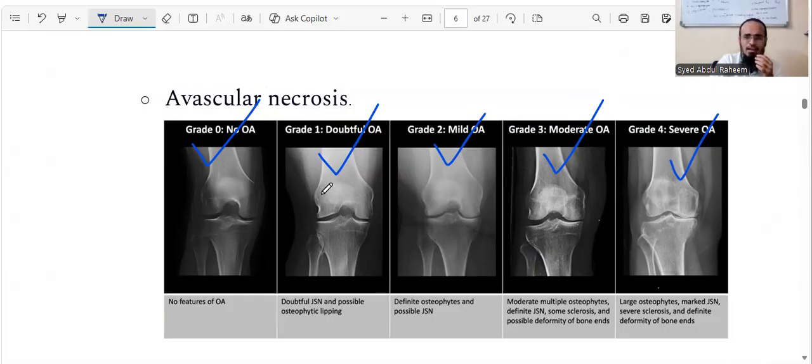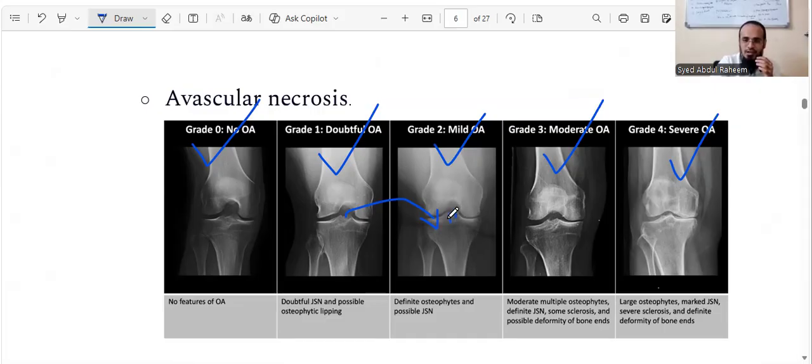Grade 1, early degeneration has started. If you scan a 25 to 35 year old male patient, you will get that type of scan. After 45 years, early degeneration will start. You can see this is the early degeneration and the space is reduced.